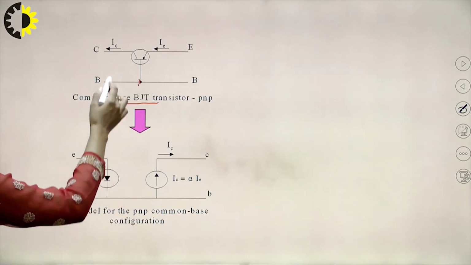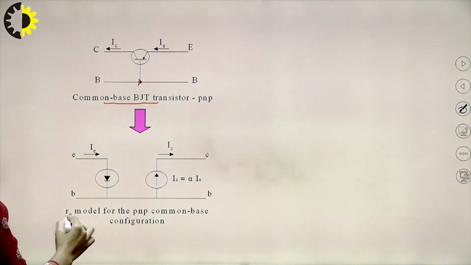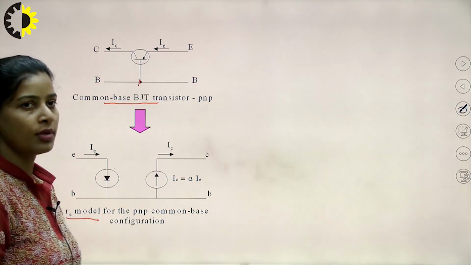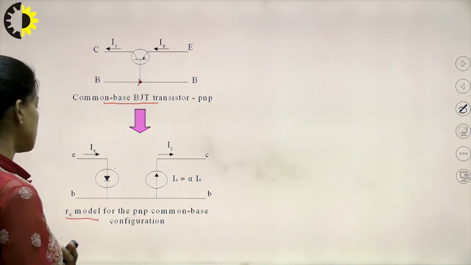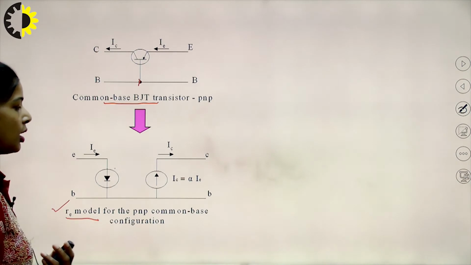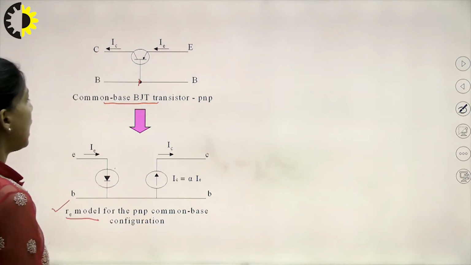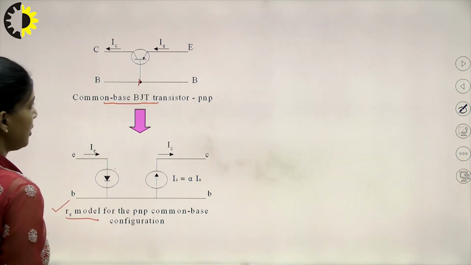Here we can see that the input side is replaced by a diode, and at the output side we have a current controlled current source. This is the re model for PNP common base configuration. How is this representation done?